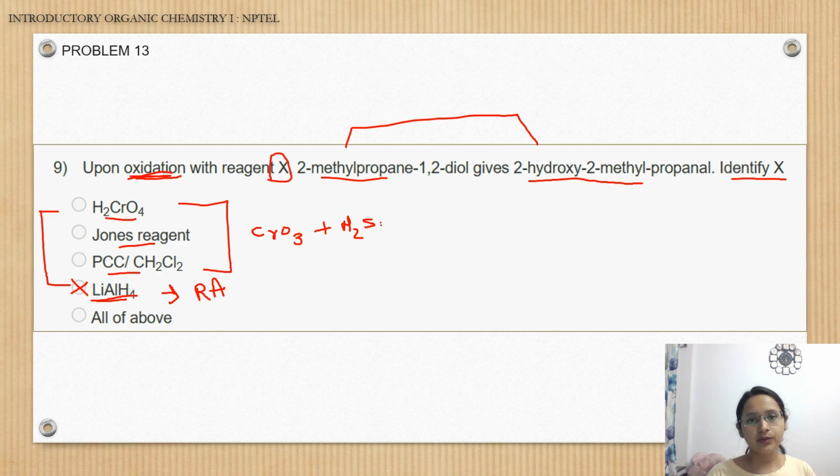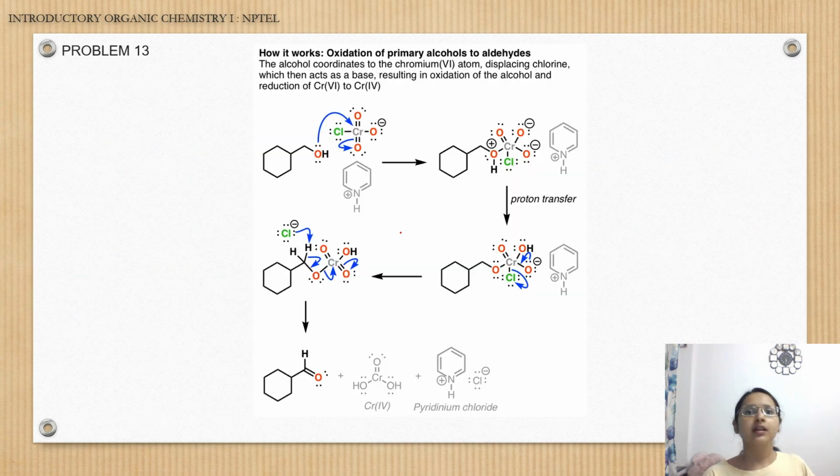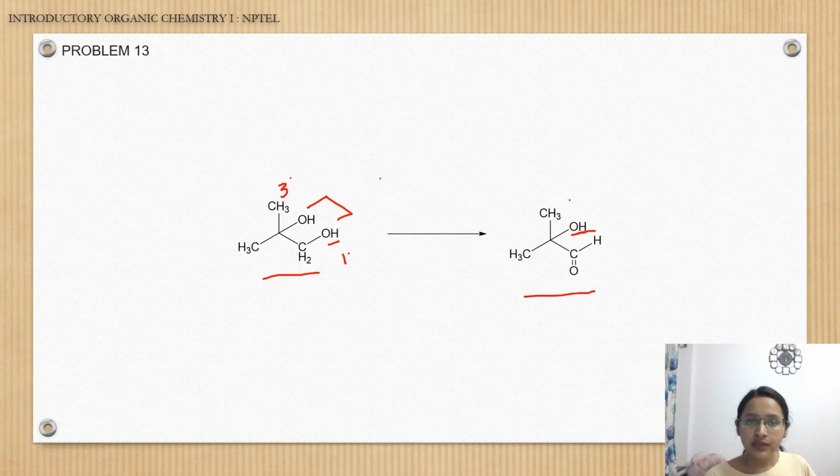And PCC is also a chromium reagent. So now what is happening, guys? If you have applied Jones reagent, CrO3 in H2SO4, then it will give you this alcohol, but there is oxidation, or some other thing happening at this alcohol as well.